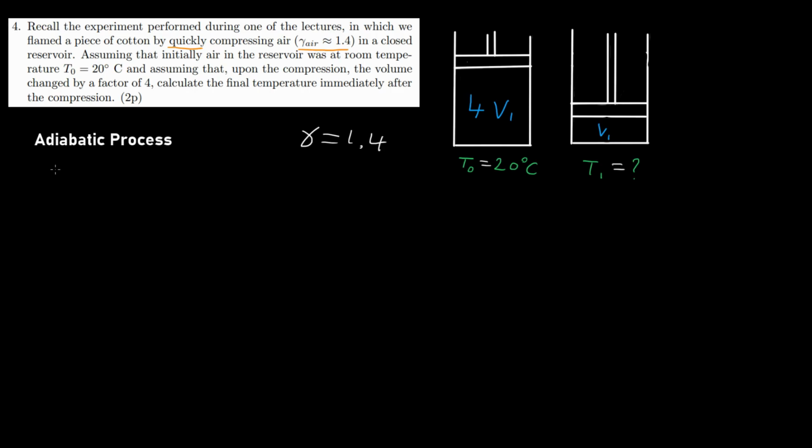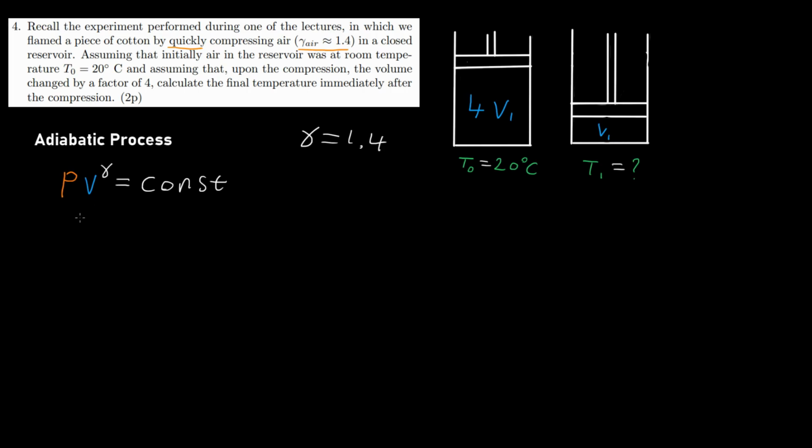Well, we know that an adiabatic process obeys the equation PV to the gamma equals constant. So that is the pressure times volume to some constant that we call the adiabatic constant. That always remains some constant. So throughout the process, the pressure and the volume will both change, but this will remain one fixed value.